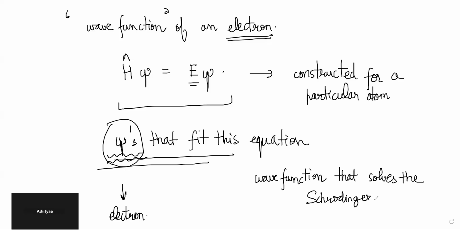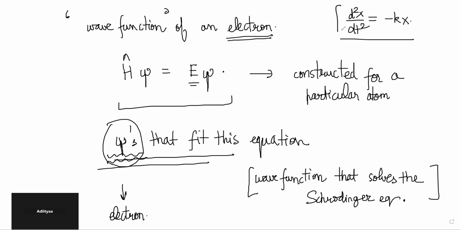Is this wave function from the physics chapter exactly what we used? Why are we calling it a wave function? Because in physics, if you remember, in SHM, you had an equation like this, right? There was a double derivative equation.